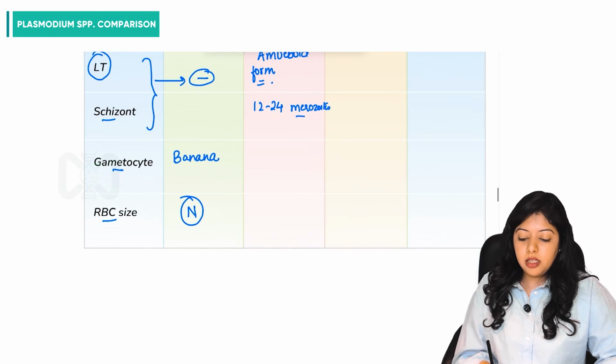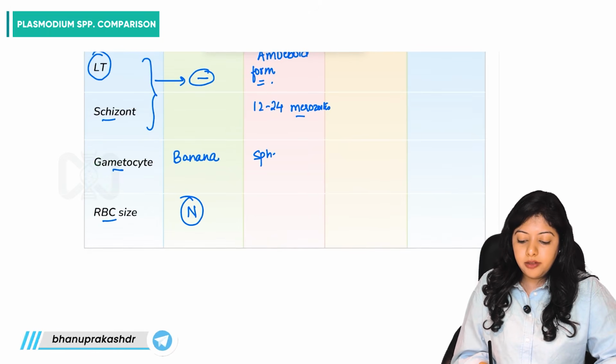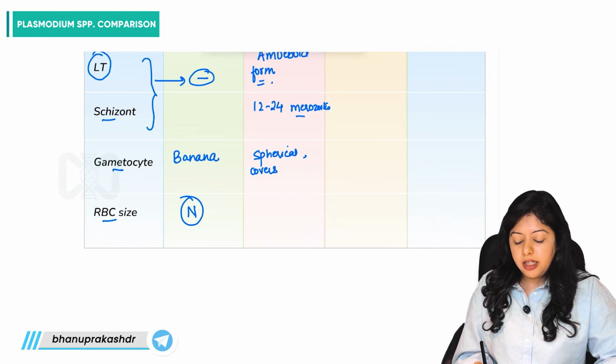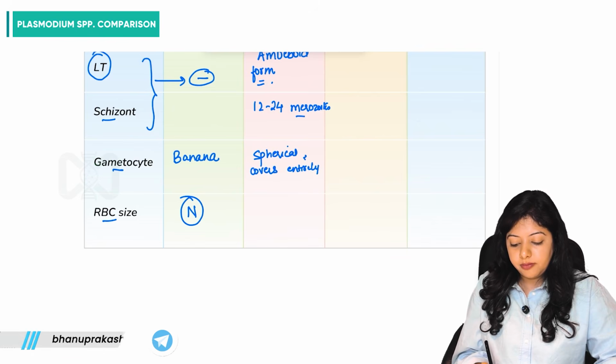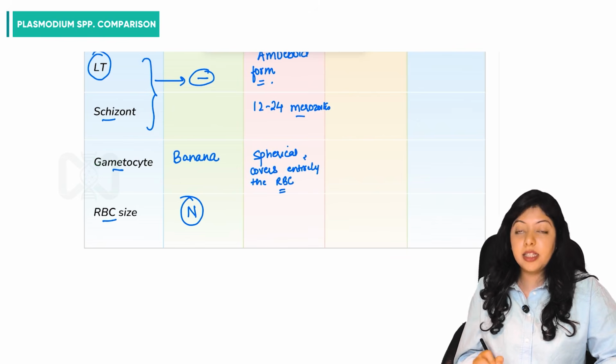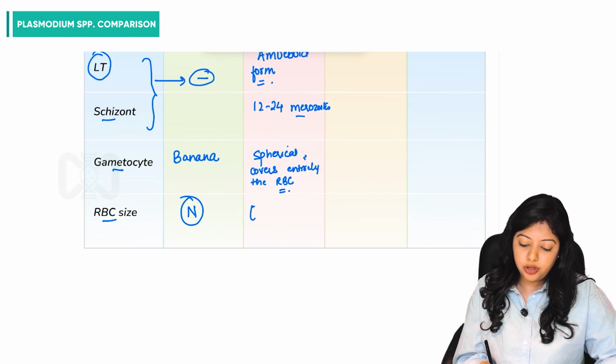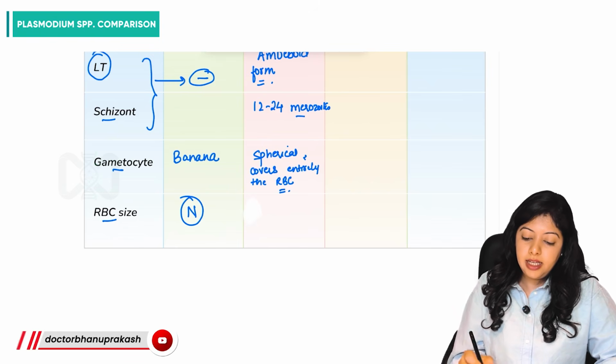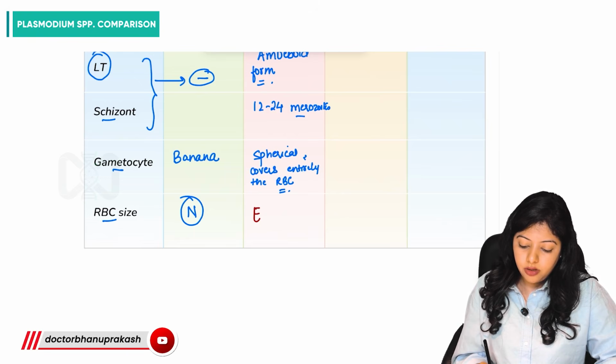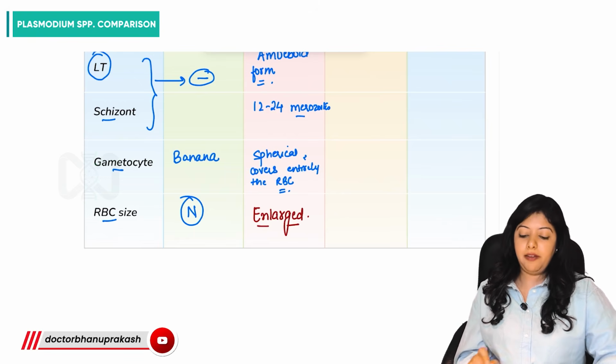Gametocyte is spherical only and covers the entire RBC surface area. And RBC size has enlarged for Plasmodium vivax, right?